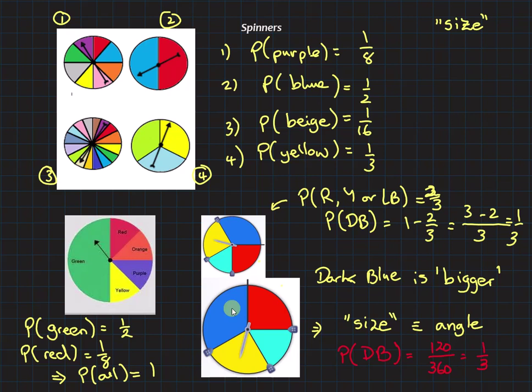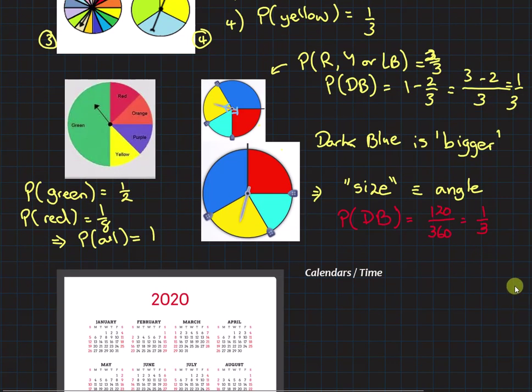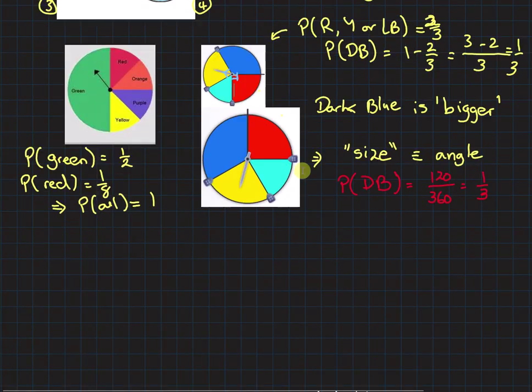If you have a look at the red and the yellow sections in both of these, they're both 90-degree angles. So we can now say the probability of yellow and the probability of red. I'll just move this next section down a little bit.